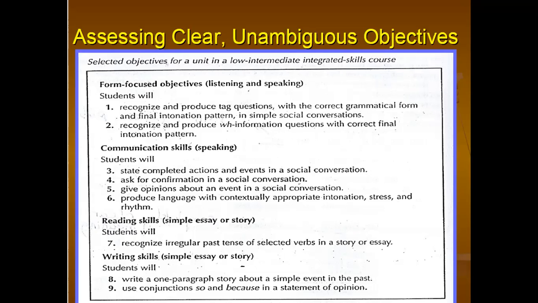Here you can see the objectives that for each skill the teacher devised or designed. Very clear objectives for listening and speaking, for speaking alone, for reading, and also for writing.